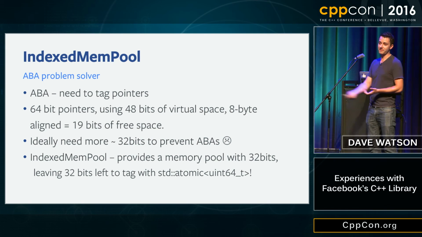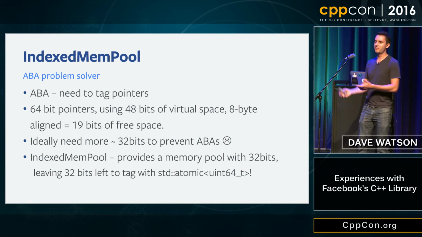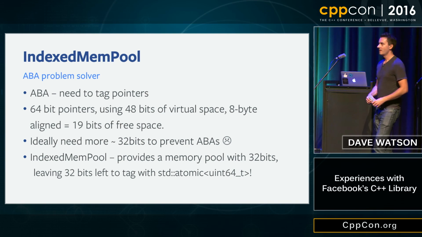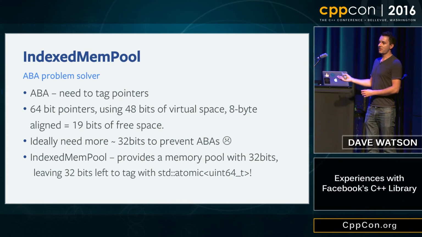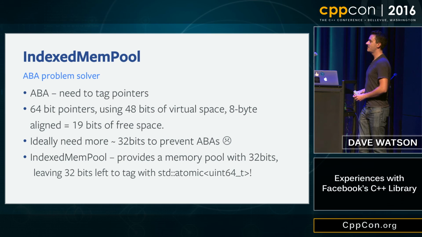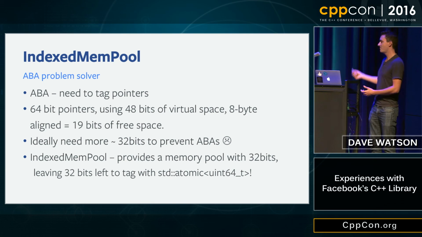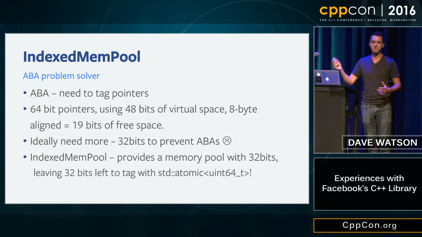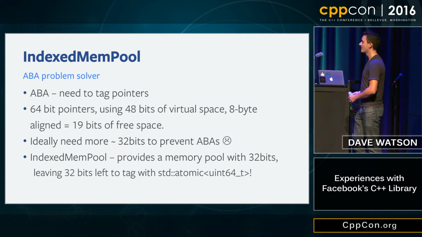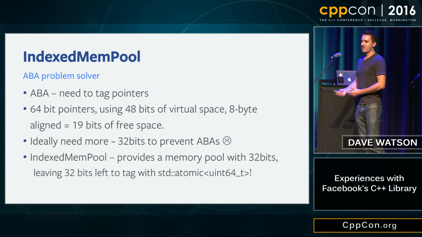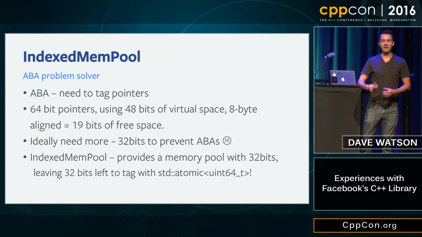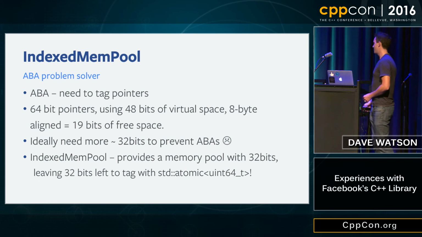With the other 32 bits, you can use them to add your tag. This code is actually extremely short, an extremely easy way to solve any sort of ABA problems you're having in lock-free programming. It's all standards compliant. There's hardly anything that you have to worry about. It does use mmap, but you could also just use malloc and grab a piece from whatever allocator you're using. So go and compare and contrast this code to what you might learn on Friday's talk about safe memory reclamation.